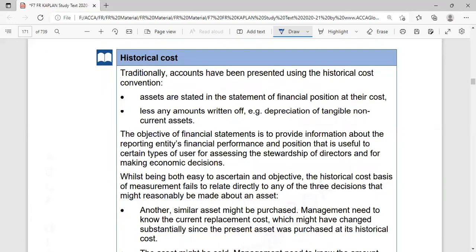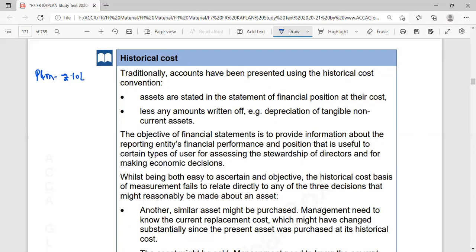Historical cost is nothing but the amount already spent relating to the asset, the price at which you purchased that asset. That price is said to be historical cost. For example, we purchased plant and machinery for 10 lakh dollars on 1/1/20X0.